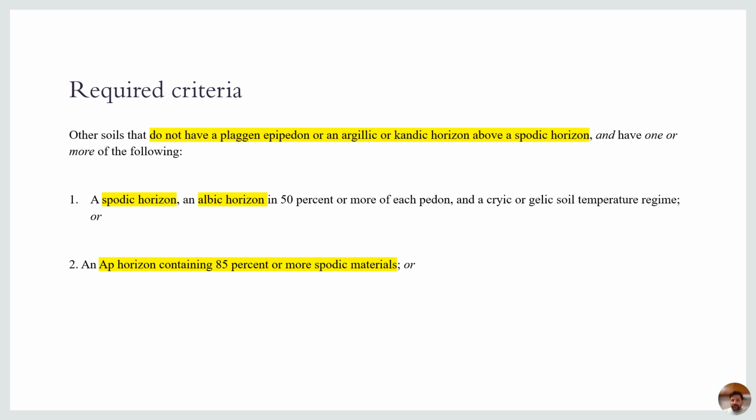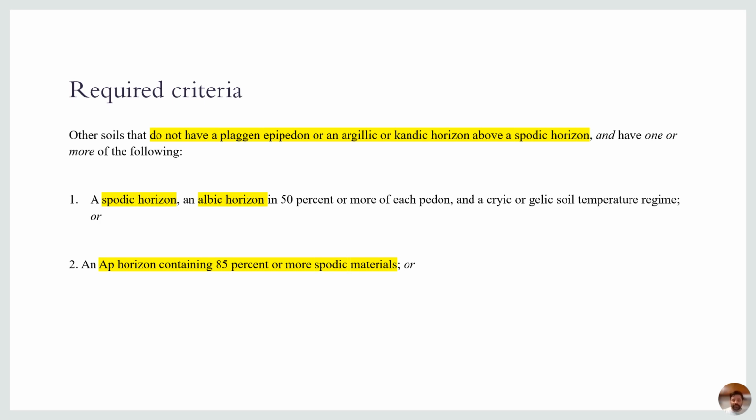If I find a candic or argillic horizon below the spodic horizon, it's not a problem. We can find some soils like that, and in this case, I can classify the soil as a spodosol. It's not a real problem, okay?